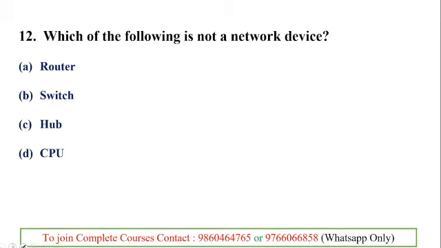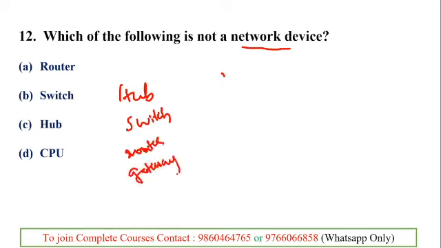Then, which of the following is not a network device? First of all, let's talk about what a network device is. Network devices are also referred to as networking hardware. Some examples of network devices in computers include hub, switch, router and gateway. You are familiar with these words.